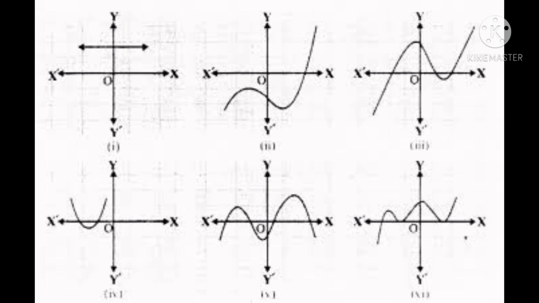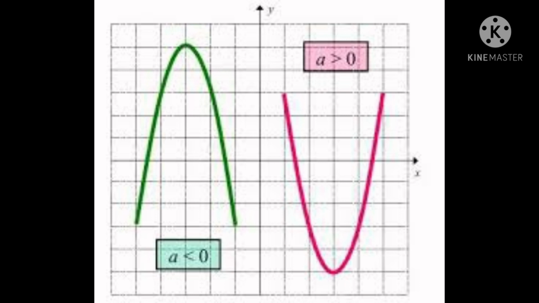The fourth figure is a parabola and it cuts the x-axis at 2 points, so it has 2 zeros. In the next curve, the curve cuts the x-axis at 4 points, so it has 4 zeros. And in the last one, it has 3 zeros because it cuts the x-axis at 3 points.